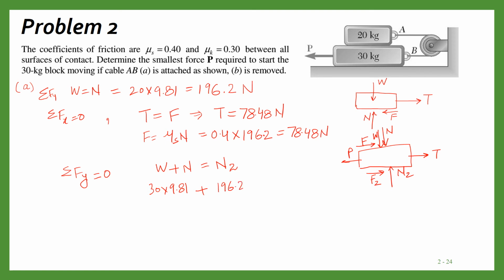So weight is equal to 30 into 9.81 plus we know this N 196.2. So this will be equal to N2. So it comes out to be N2 will be equal to 490.5 Newton. Okay.